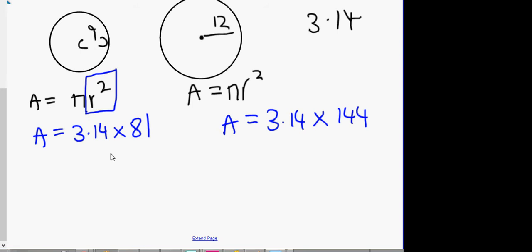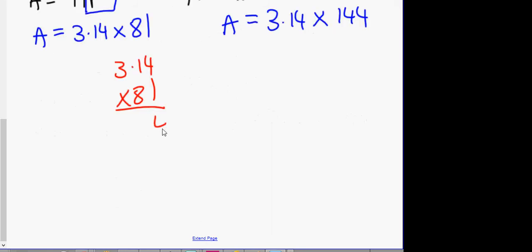Okay, so Tom, I want you to take over from here. I want you to multiply 81 by, actually we'll do it the other way around, 3.14 multiplied by 81. You can begin now. 1 times 4 is 4, 1 times 1 is 1, 1 times 3 is 3, 314.